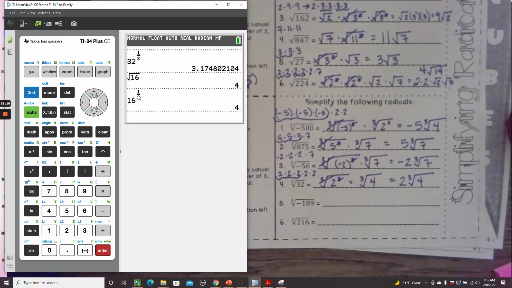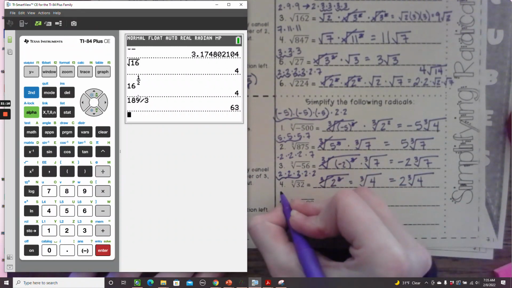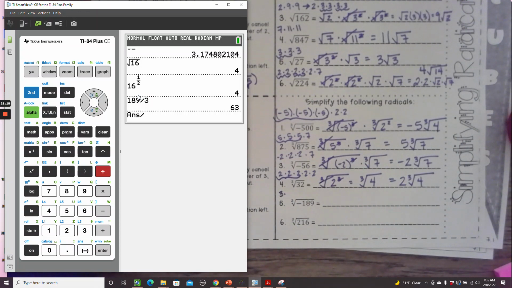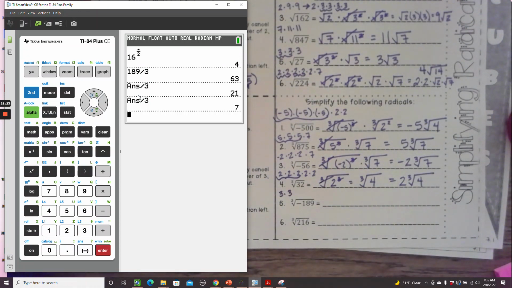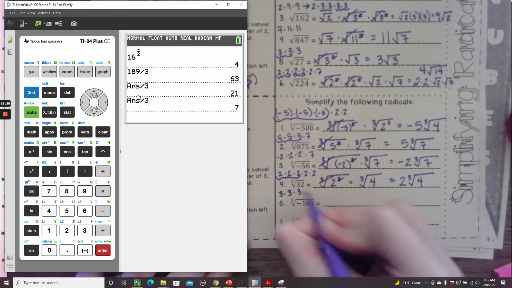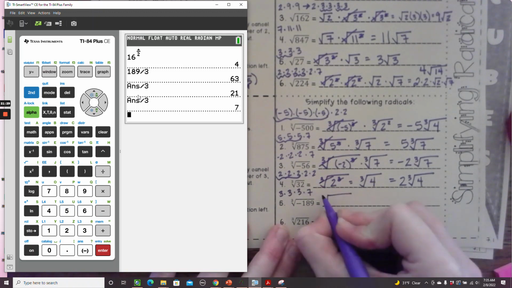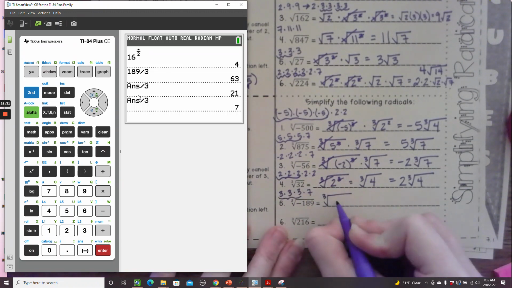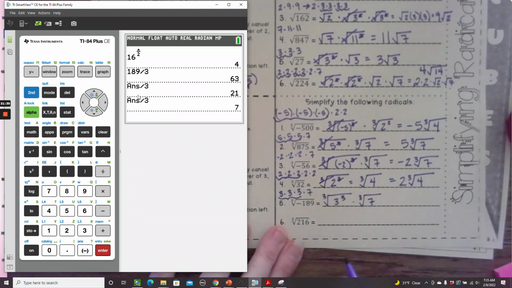All right, 189. We know it's not divisible by 2, so we're going to start with a 3. All right, we're divisible by 3. Let's see if 63 is divisible by 3. It is. 21 is divisible by 3. And then 7's my other prime number. So I've got 3 3's, 3 cubed, times the cube root of 7.